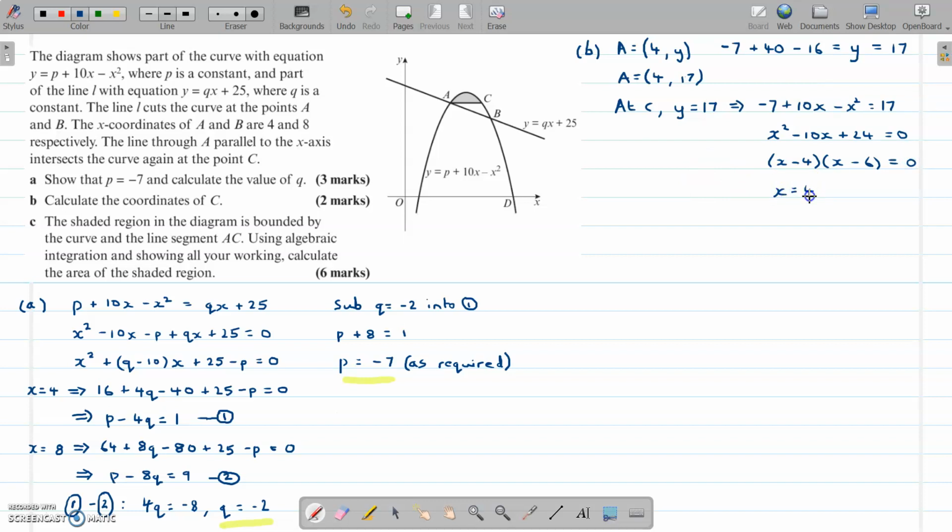Now, of course, we know x equals 4 because that was point A. So therefore C must be when x equals 6. So C equals (6, 17).